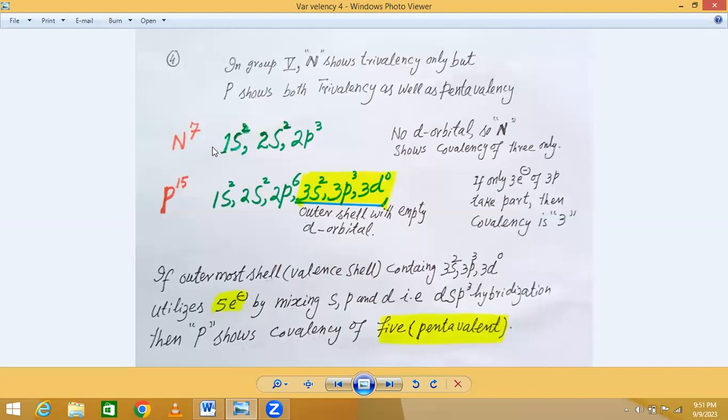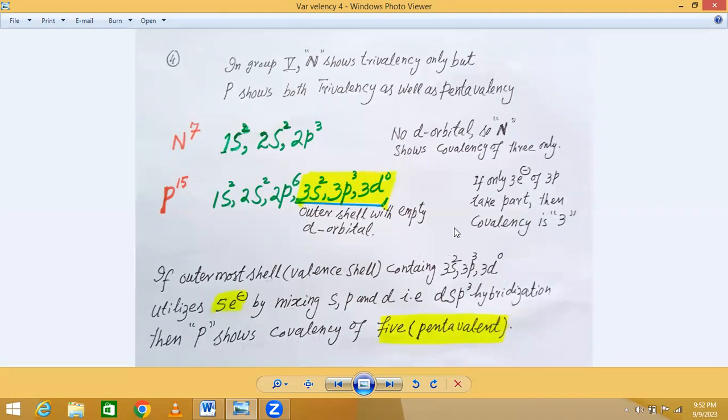And we see the case of variable valency for phosphorus by utilizing the 3p 3 electrons, giving trivalency in its compounds, and by utilizing 5 electrons by hybridization of s, p and d orbitals, showing pentavalency.